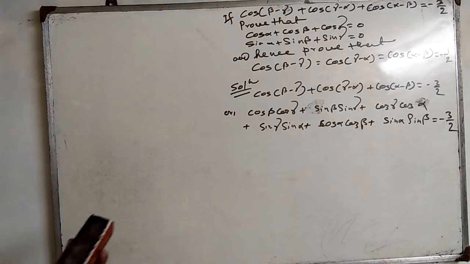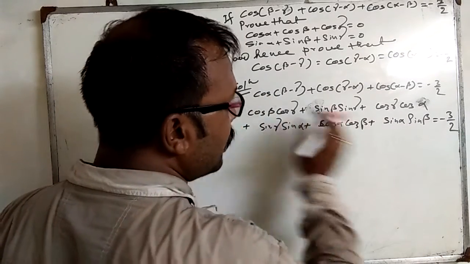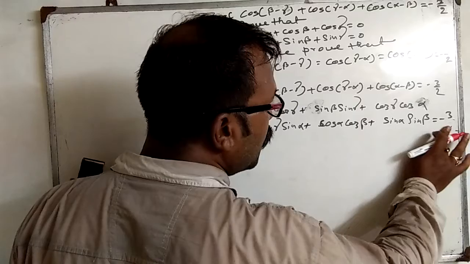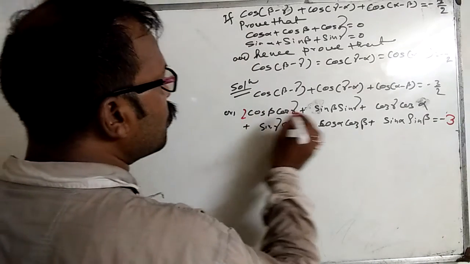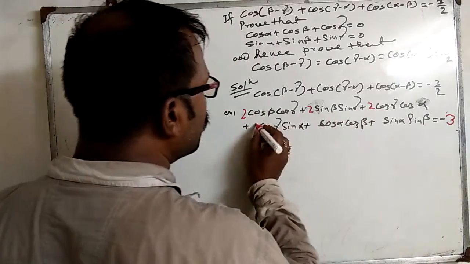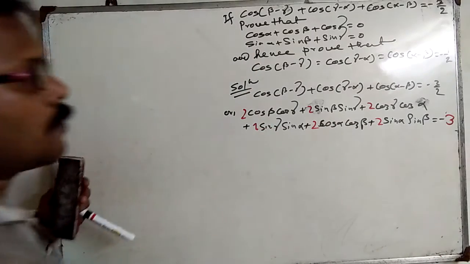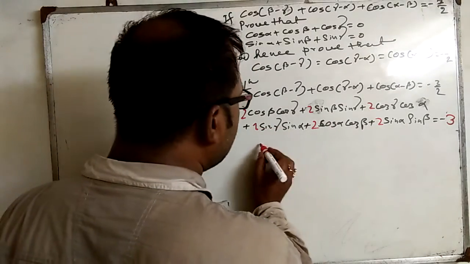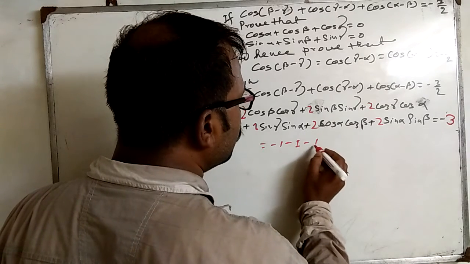Now see, 2 will be multiplied to that, and that 2 will be, that will be only minus 3. So 2, 2, 2, 2, 2, 2, and minus 3 can be written as minus 1 minus 1 minus 1.